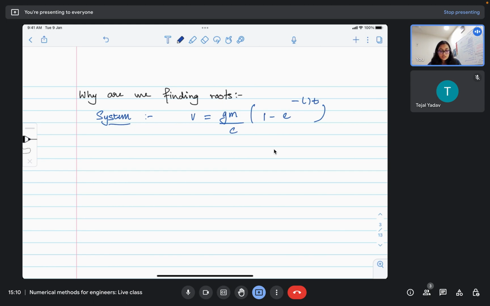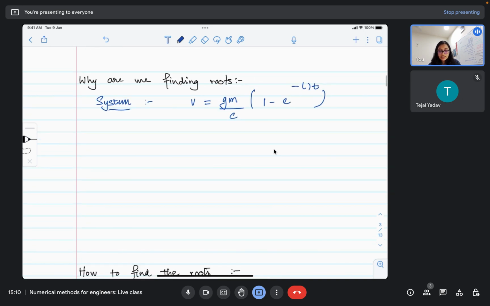Given the velocity of the parachute and the amount of time it took to attain that velocity, we were trying to find out the parameters. One we were trying to find was the drag coefficient.